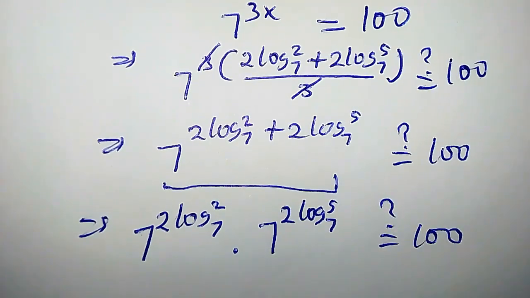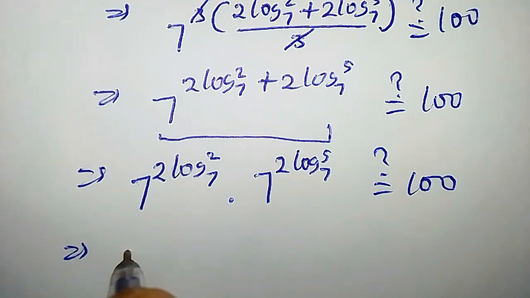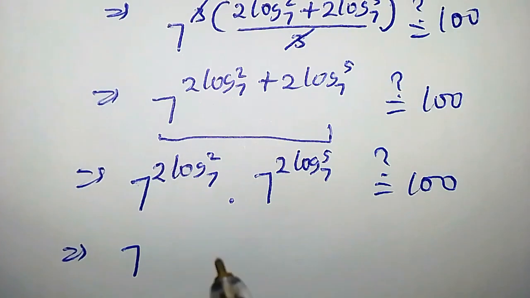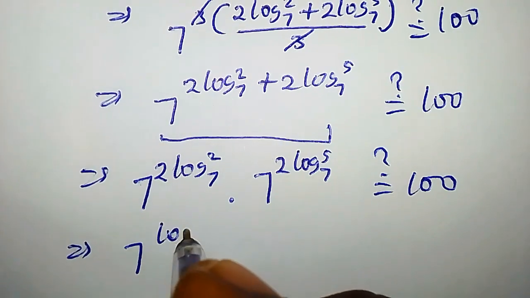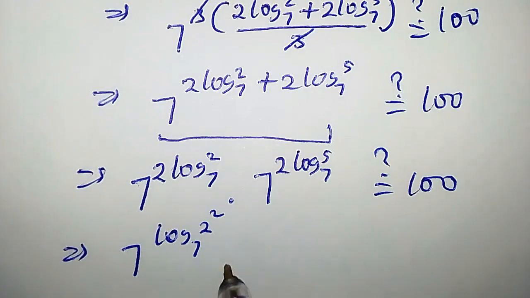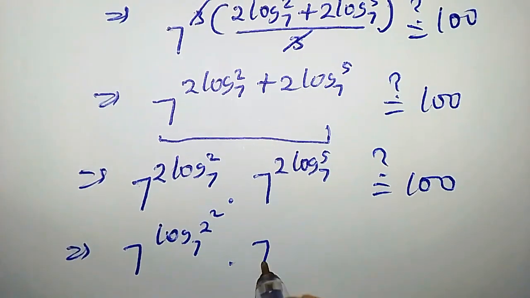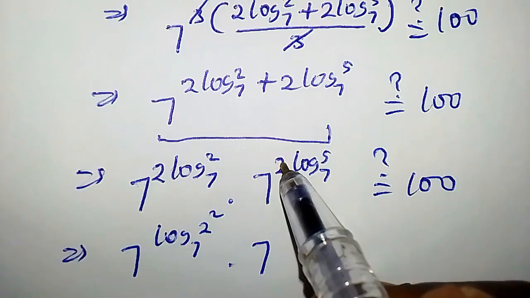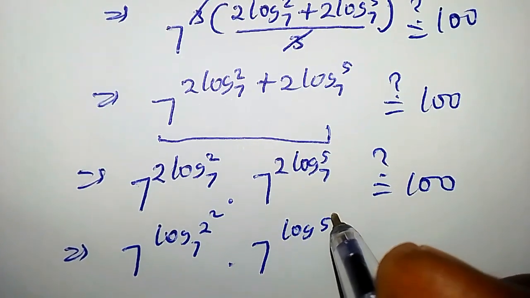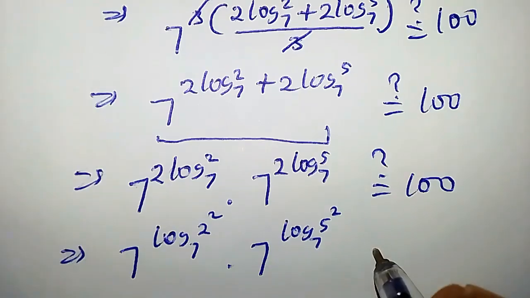This is our claim. This implies that if we move these 2 up, we simply have 7 raised to log 2 squared base 7, times 7 raised to, if we also move these 2 up here, log 5 squared base 7, equal to 100.